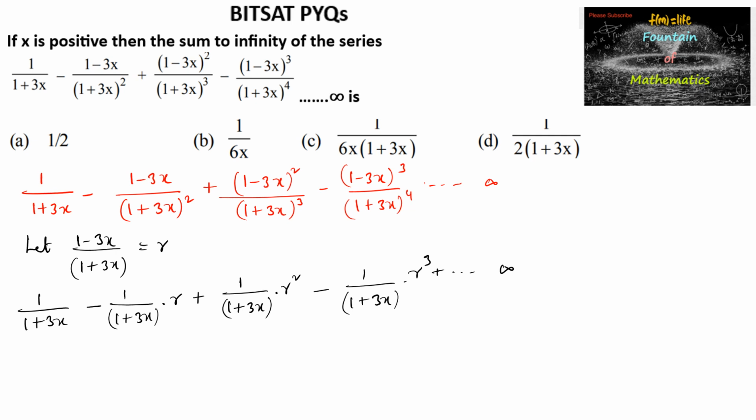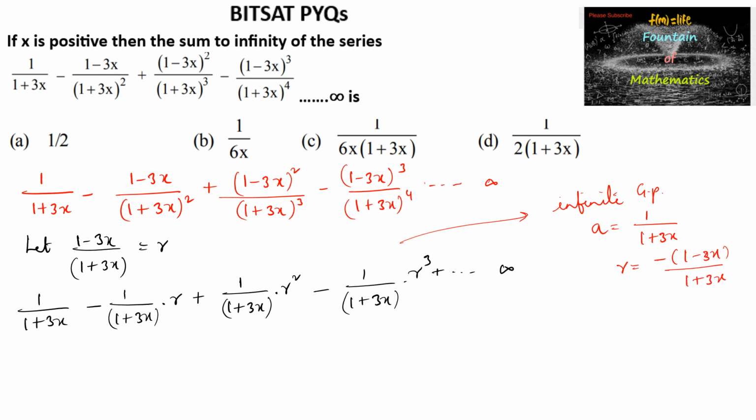We can see that this is an infinite geometric progression with the first term a equal to 1 upon 1 plus 3x, and the common ratio we can consider as minus of (1 minus 3x) upon (1 plus 3x).